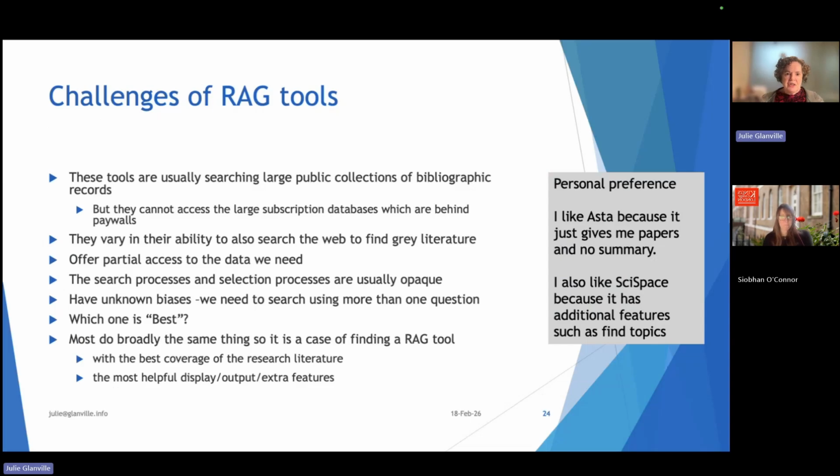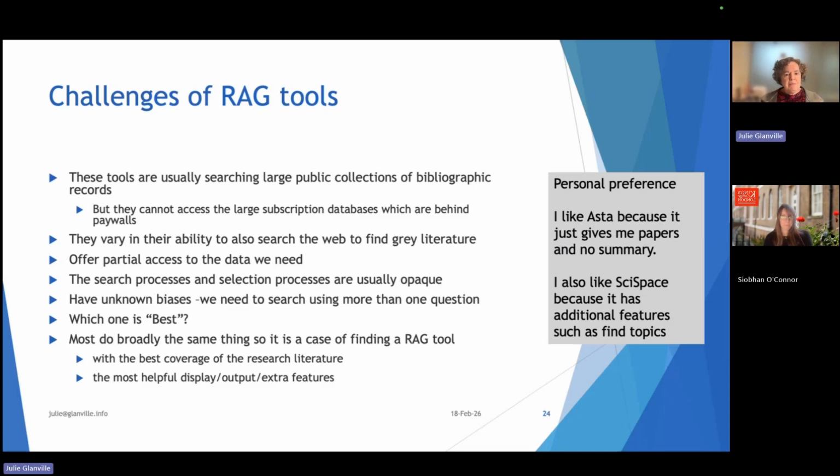So the challenges of the RAG tools are that they are searching large public collections of bibliographic records. They are usually searching Semantic Scholar or Lens, and often they're searching PubMed as well. But what they don't provide access to is the information in the large subscription databases, which are currently behind paywalls.